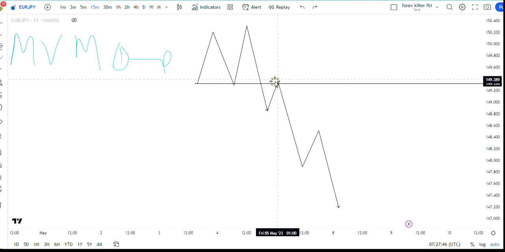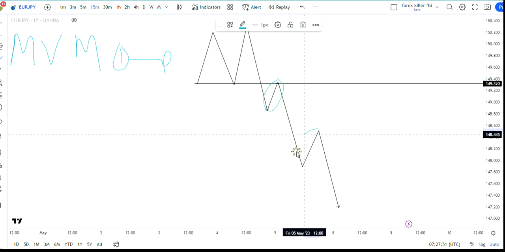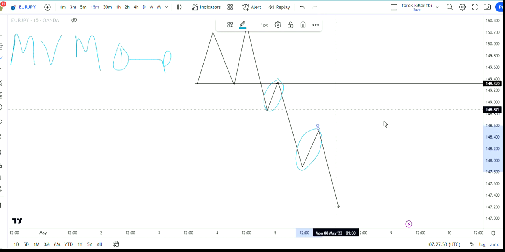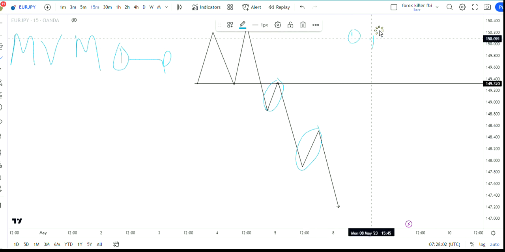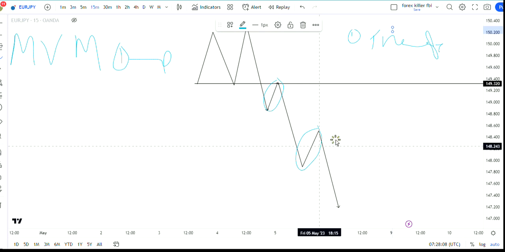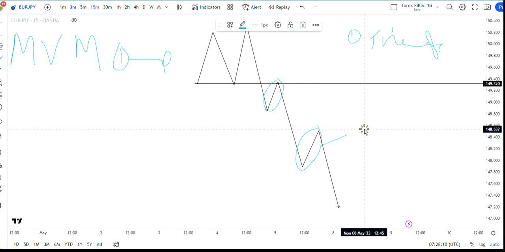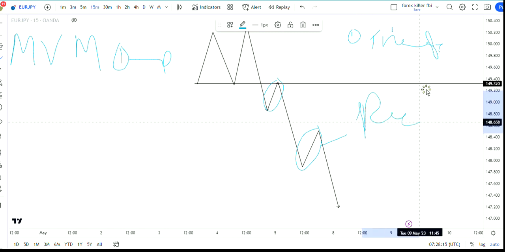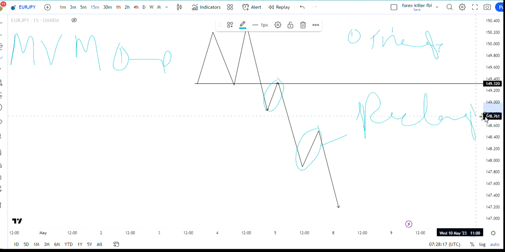All right, then look here now. In this structure, as we know, in the correction form we have different structures. Maybe you will be having a triangle right here, or a rectangle right here.